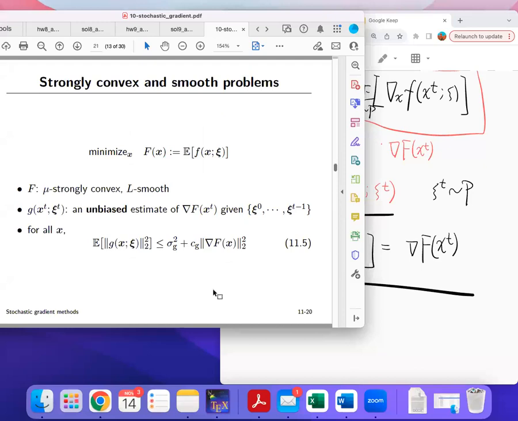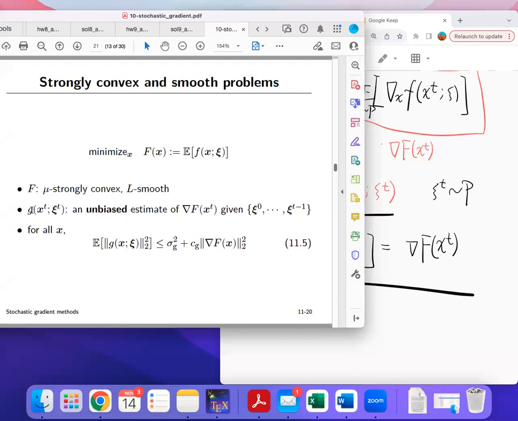And then next time we will look at the convergence analysis of this SGD algorithm. We will talk about the setup in more detail next time. But one of the assumptions is strongly convex and smooth problems. We have other extensions later on.